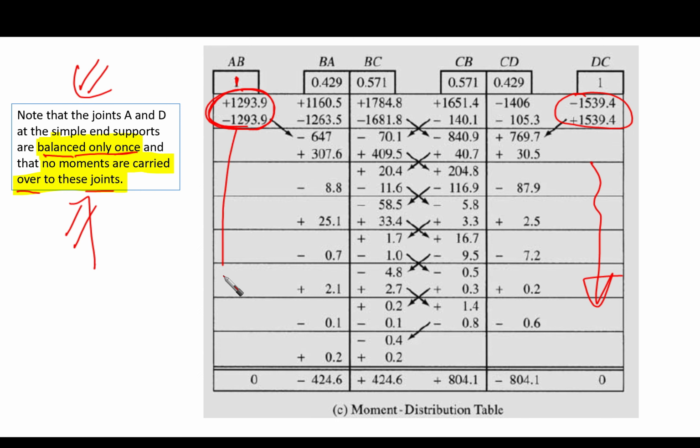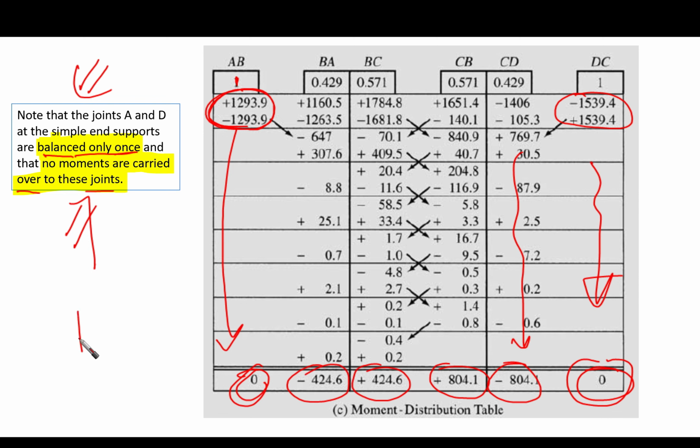Here the summation is going to be 0, and here also the summation is going to be 0 because we have simple supports at A and at D. However, here we are going to end up with some values. You need to check them. Please stop the video here and try to work out this moment distribution example and numbers by yourself, and check back again after coming back and checking the values.